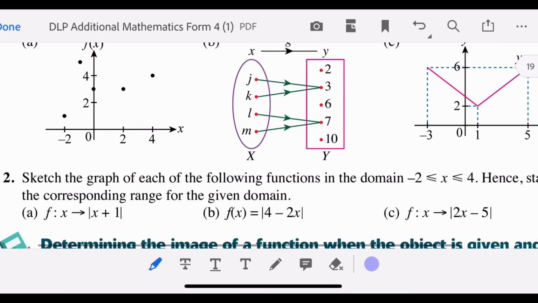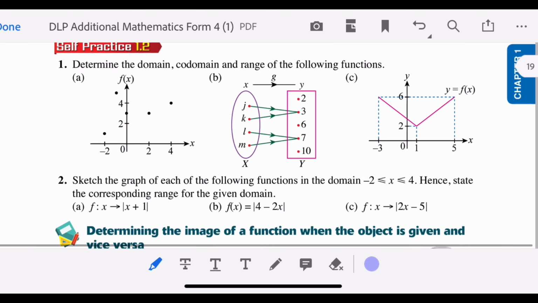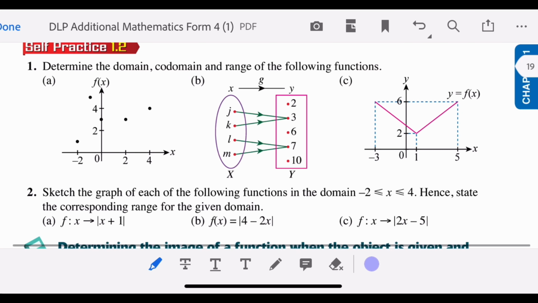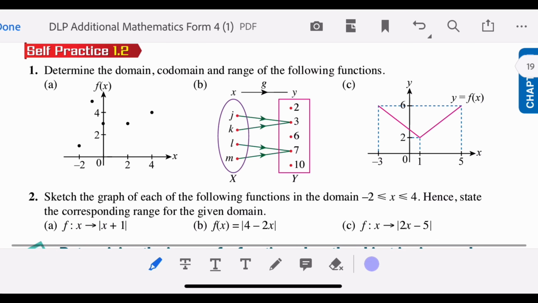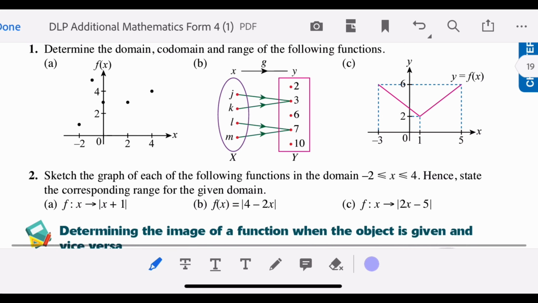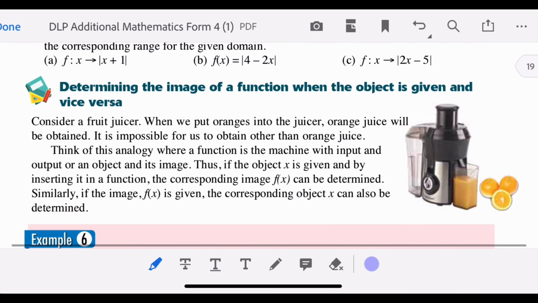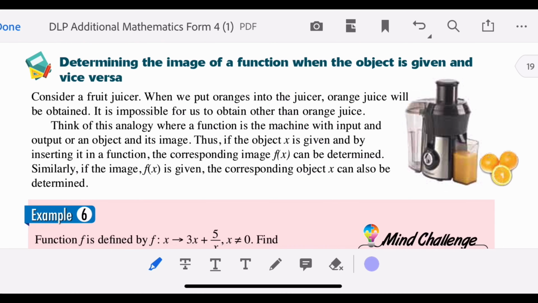You must know how to write this in terms of an inequality. Try to determine the domain, codomain, and range for the following functions, and sketch the absolute function given, and you can check the answer at the back.